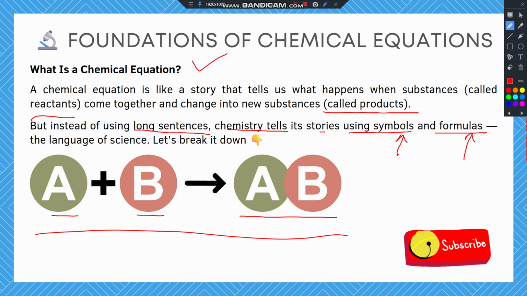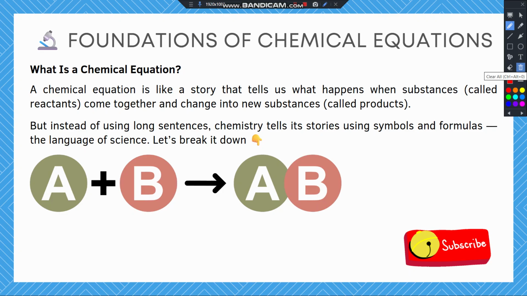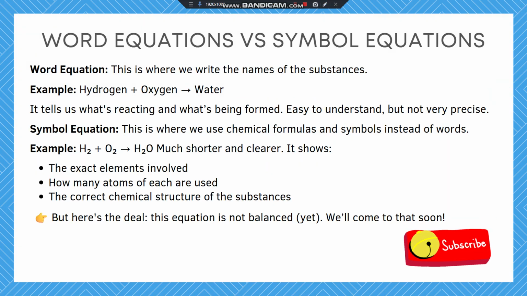We started with two substances A and B, and we are ending with two substances as well, A and B. So this is the chemical equation. It is telling us that we started with two reactants A and B, and we ended with two reactants A and B as well. So now that we have that out of the way, let's move on to the next concepts that we want to deal with.